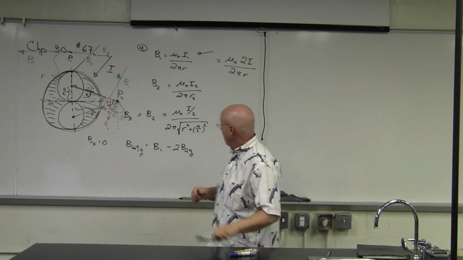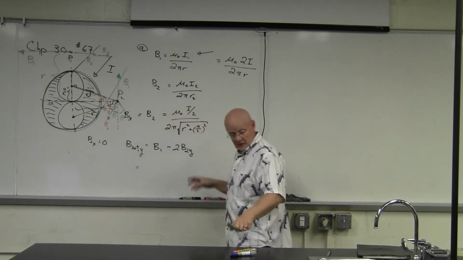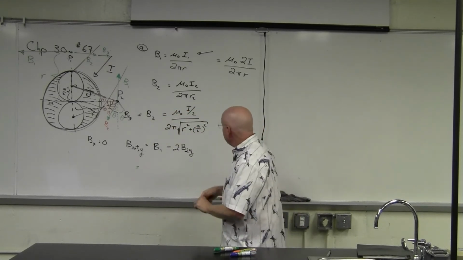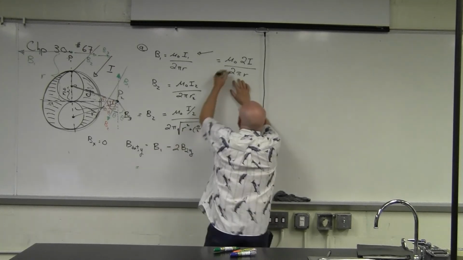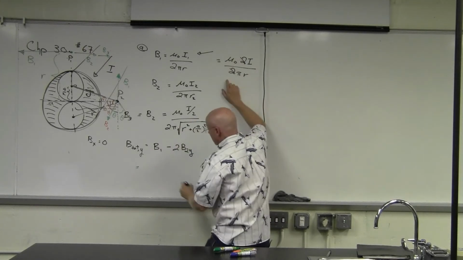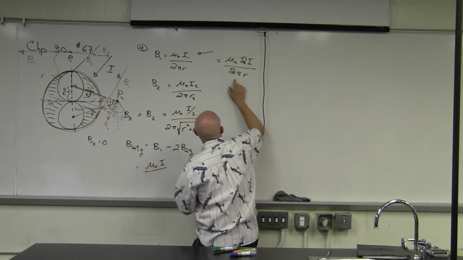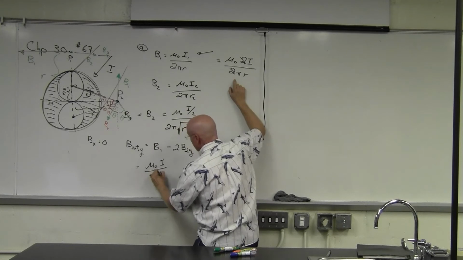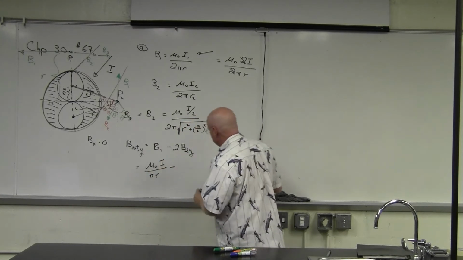All right, so let me keep going through the mathematics here. Where's my black one? Okay. So the field from number 1 is this, and so I'll just cancel off the 2's and get a pi over r for the magnetic field for number 1.